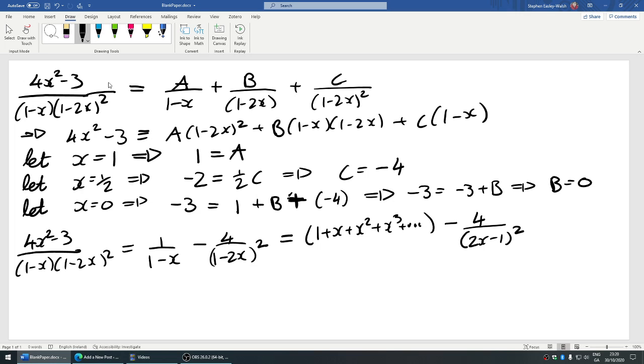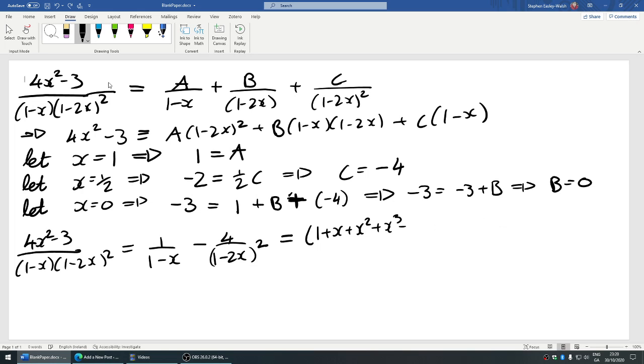Any sneaky way of doing it? No, I don't think so. Unless if I was to change it into an integration.